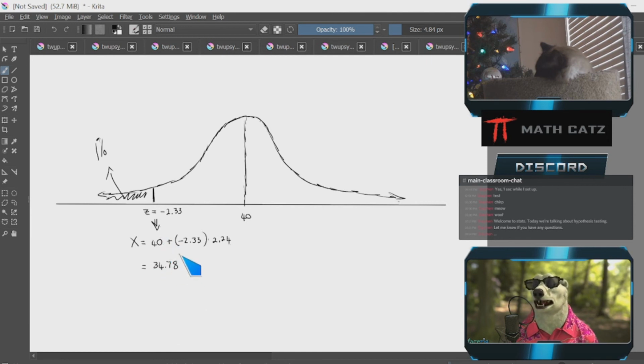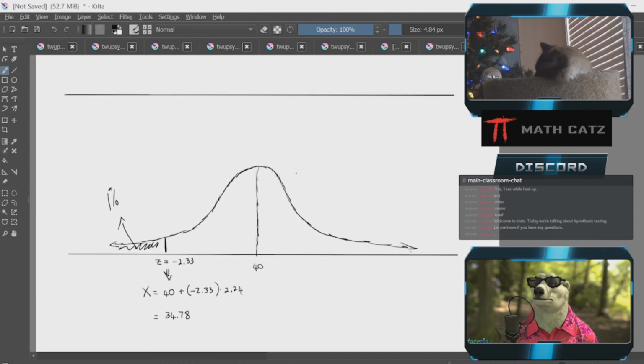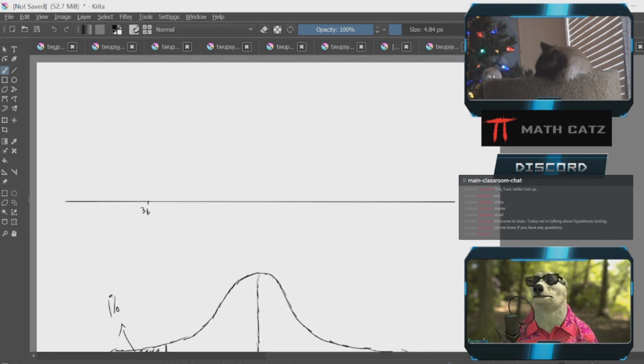Okay, so now let's see. Well, it's close, but our predicted new mean is over here at 34. So let's draw that distribution. Don't have a lot of space on the left here, but that should be okay. It's a little tighter than I want it to be.